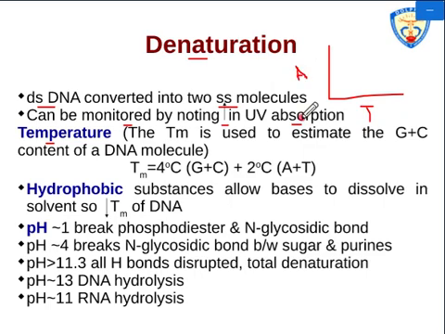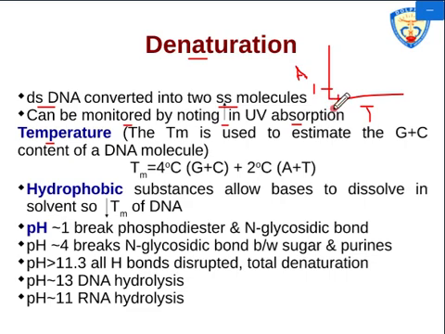So you have a double-stranded DNA solution, you take it at room temperature and set the absorbance value as 1 unit, and then you start heating the DNA sample.